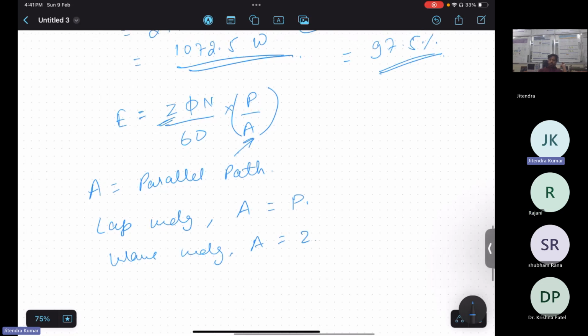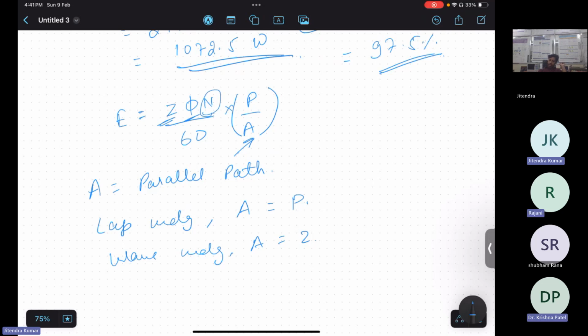Z is the number of conductors. Phi is the flux, whatever is established in the machine, not flux density, in Weber. N is the speed.